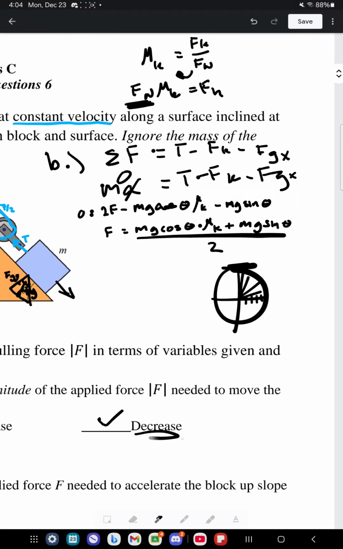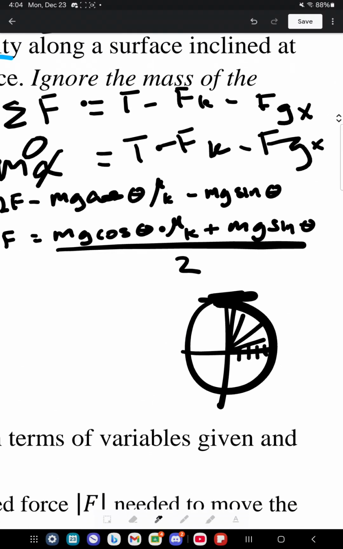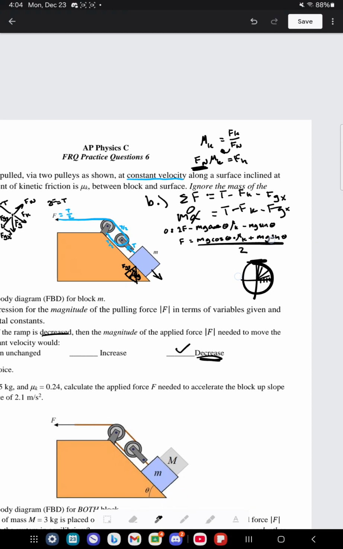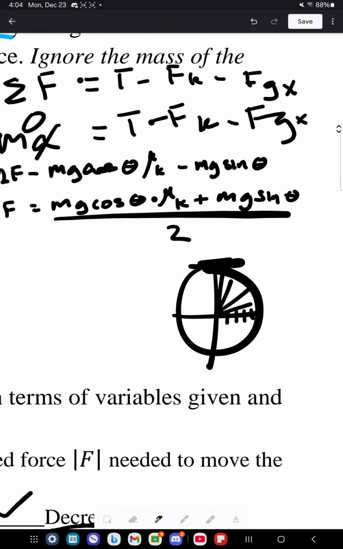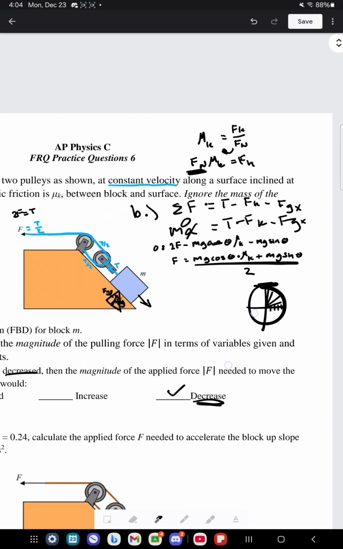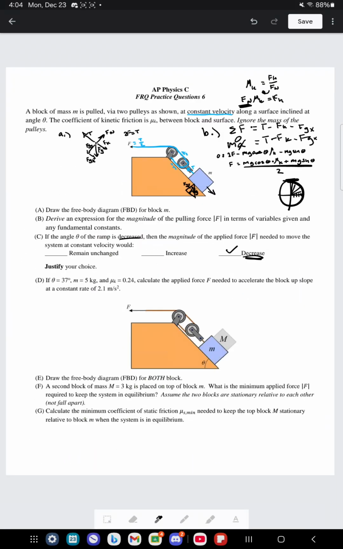And the reason why I say it decreases is because mg cosine theta is multiplied by mu k, it will increase at a slower rate than sine of theta, because it's being multiplied by mu k, which is typically less than 1, unless the friction coefficient is like stupidly large, like friction of 4, which is not very likely to happen.